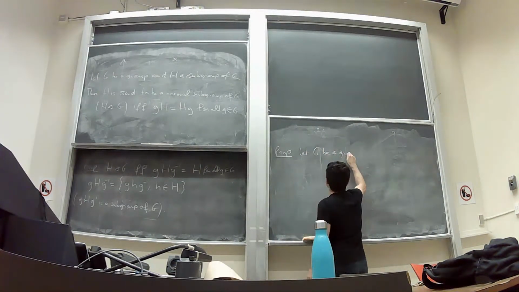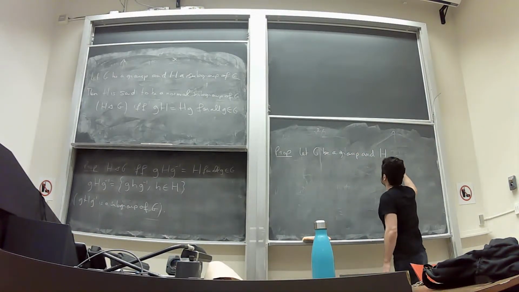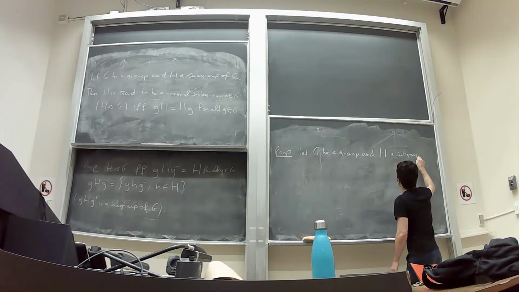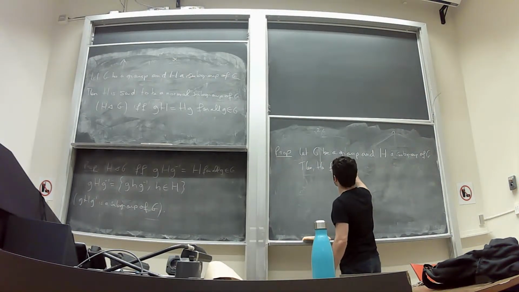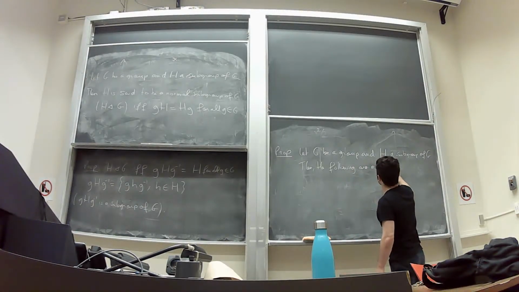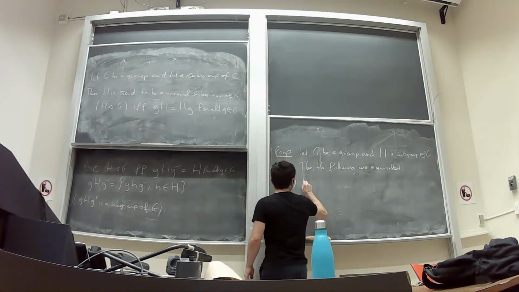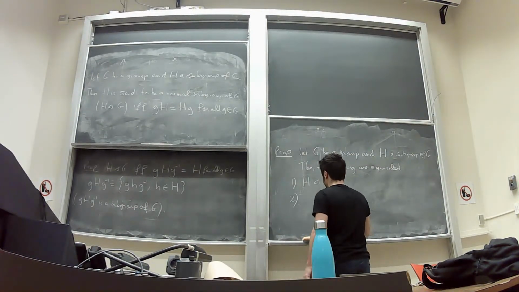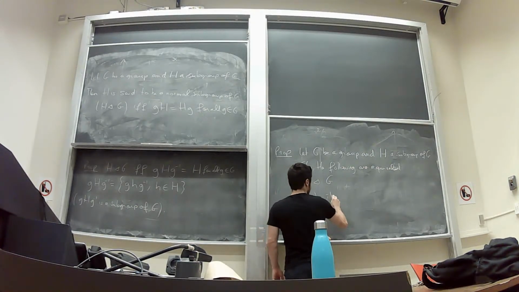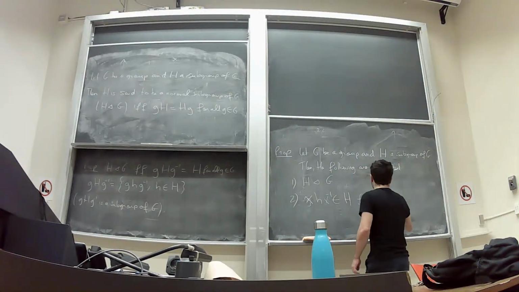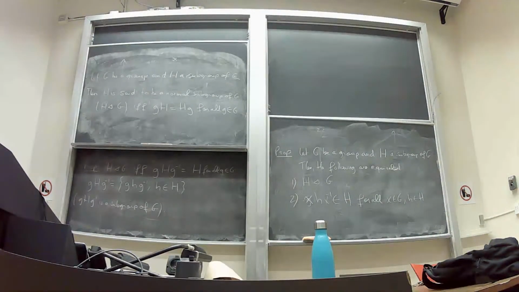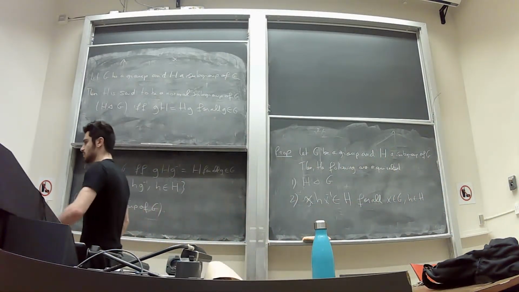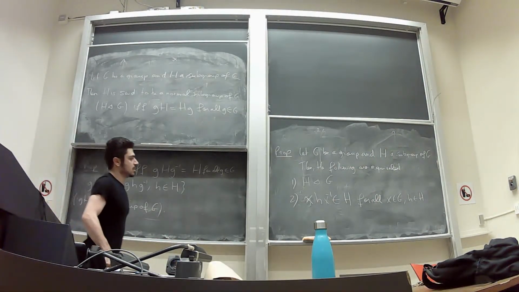Let G be a group and H a subgroup of G. Then the following are equivalent. 1, H is normal in G. 2, xhx inverse belongs to H for all x in G, h in H. These are more or less just an exercise, like repeating the definition.